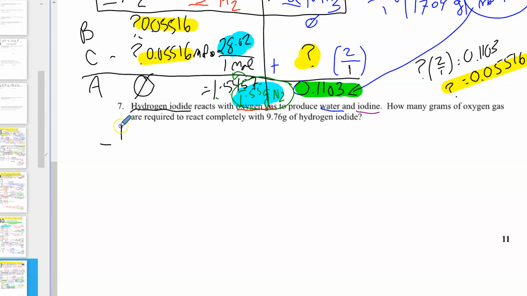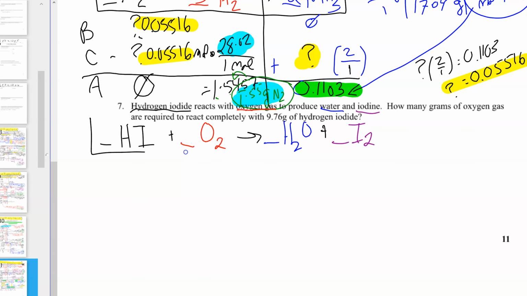So, hydrogen iodide, H plus, I1 minus, it's going to be HI for our formula, reacts with oxygen, oxygen's diatomic, O2, to produce water, H2O, plus iodine. Remember, iodine is solid, but it's still a diatomic, I2.